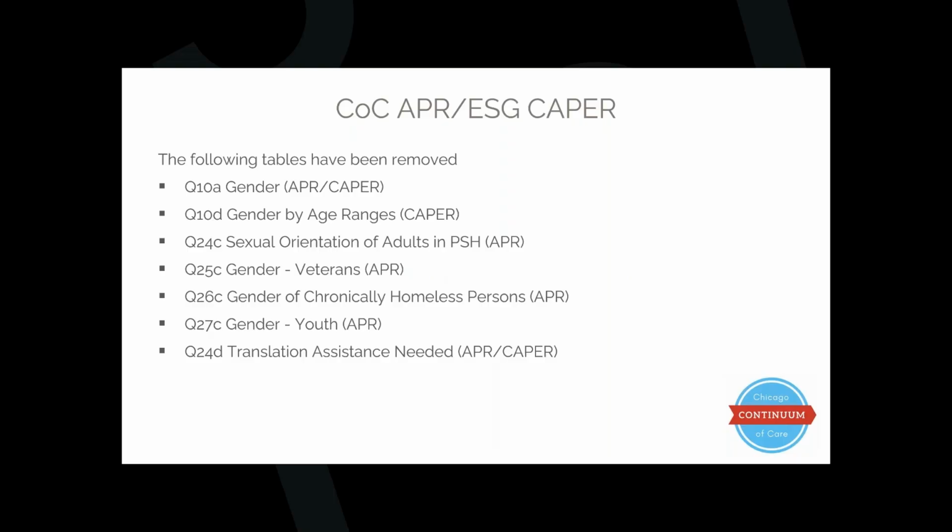Question 25C, gender of veterans, available in the APR. And then 26C, gender of chronically homeless persons, and gender of youth, also APR questions. And then 24D, translation assistance needed, which is in the APR and the CAPER. So these questions are going to be removed as of October 1st from the APR and the CAPER.